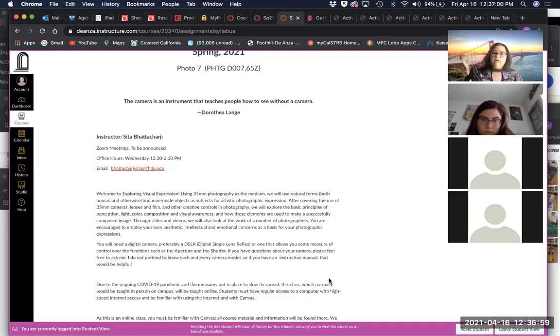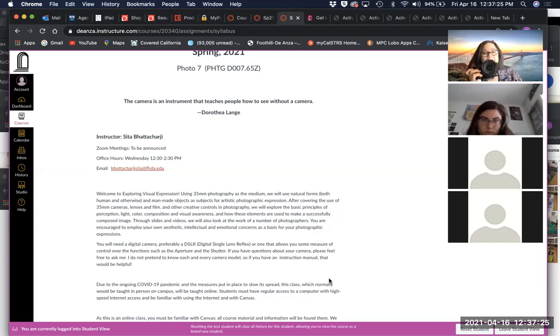And most photographers these days use some version. Boy, the background's cutting this out, isn't it? Some version of this type of camera, which is called a 35 millimeter SLR. And SLR stands for single lens reflex. Single lens seems pretty obvious, right?